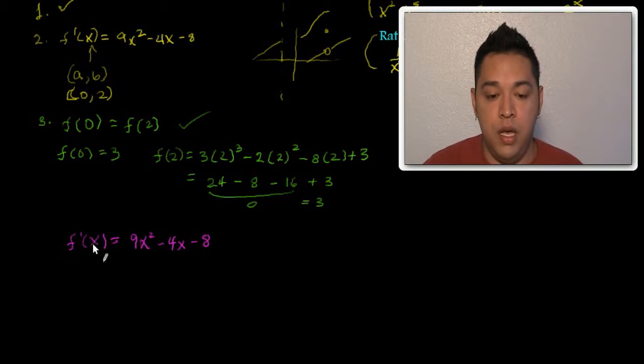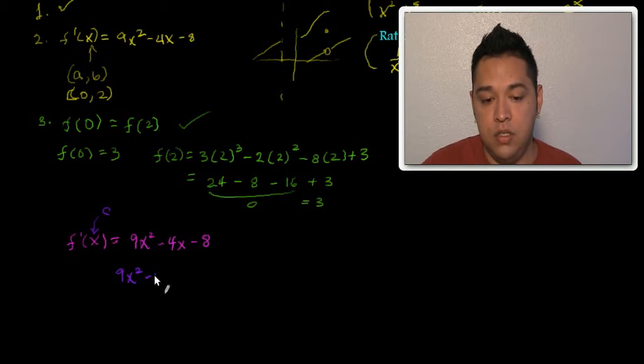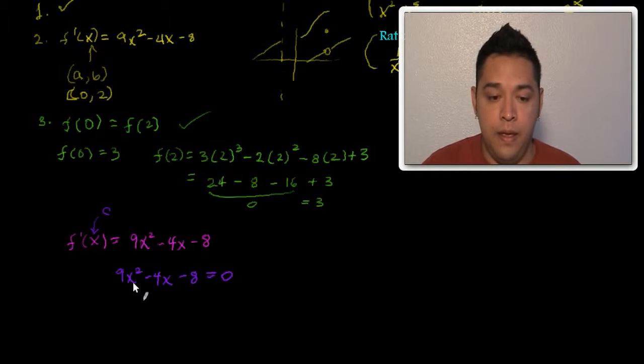And since we wanted to know what the c value is, we needed to set the whole equation equal to 0 and solve for that x. So 9x squared minus 4x minus 8 is equal to 0. And we want to find that value.